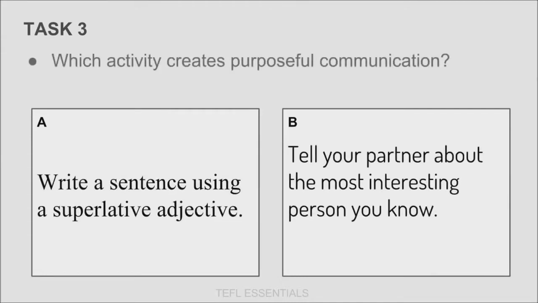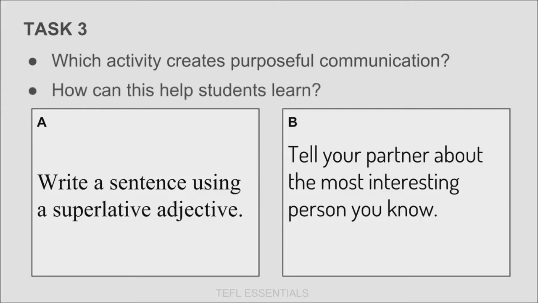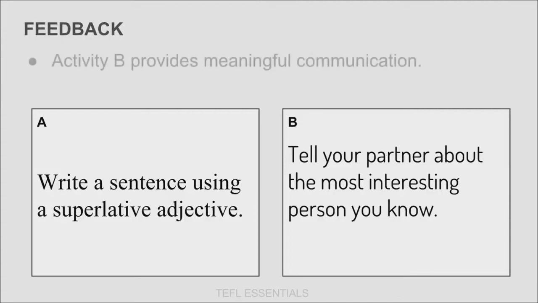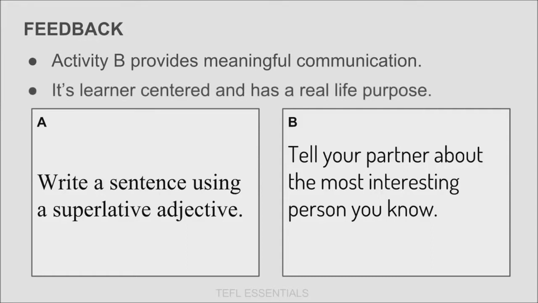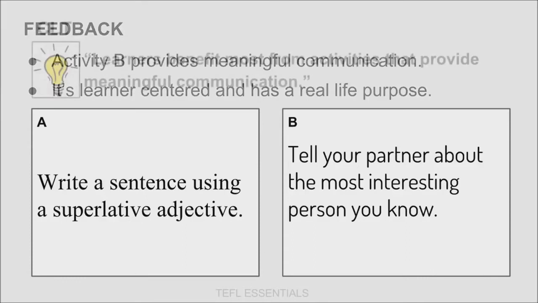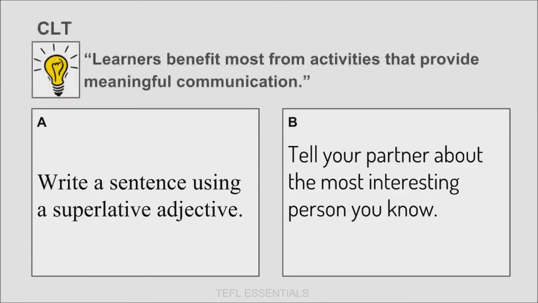Which activity creates purposeful communication? How can this help students learn? Activity B provides meaningful communication. This can help students learn because it's learner-centered and it has a real-life purpose. The communicative approach believes learners benefit most from activities that provide meaningful communication.